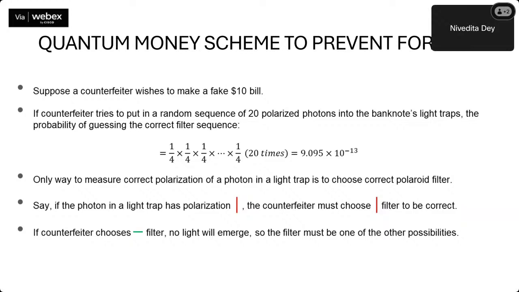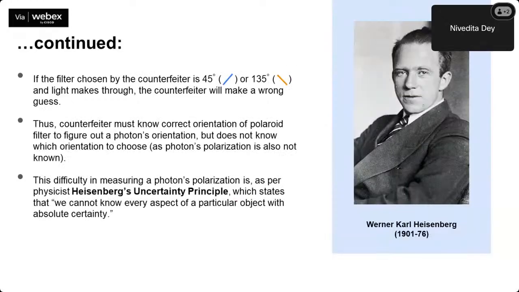If, on the other hand, the counterfeiter chooses a filter where no light will emerge, then the filter must be one of the other possibilities. So if the filter chosen by the counterfeiter is 45 degrees, that is plus, or 135 degrees, which is minus, and the light comes through, the counterfeiter will have made a wrong guess.